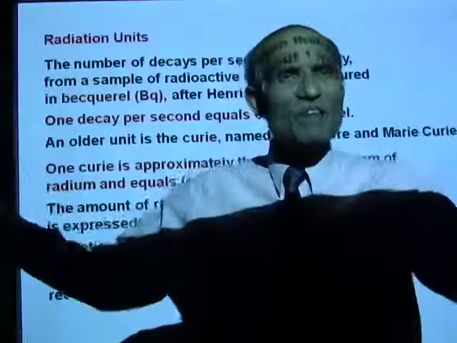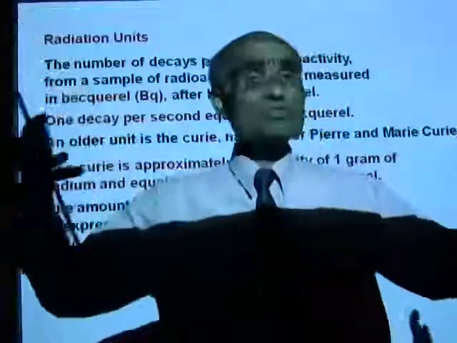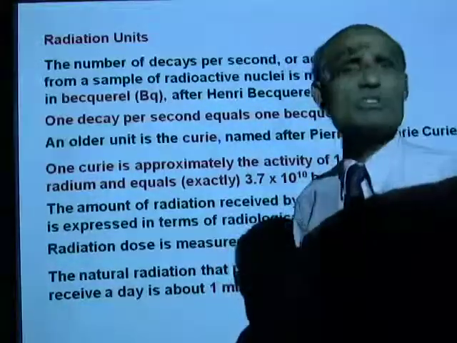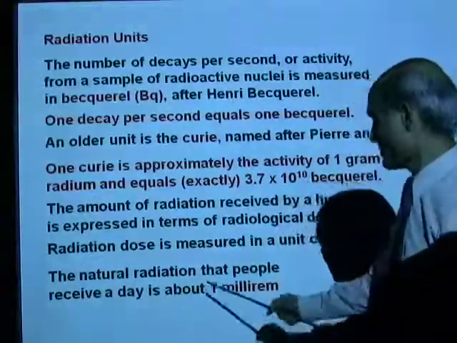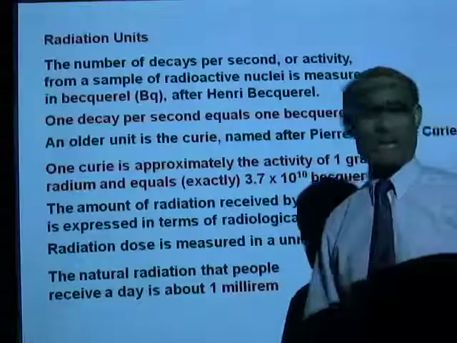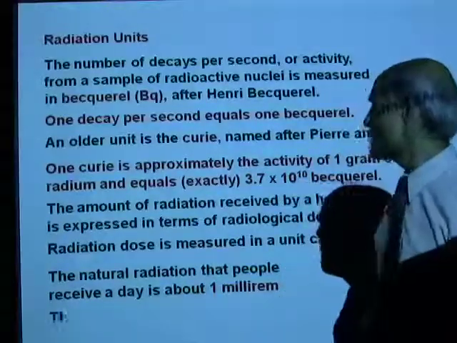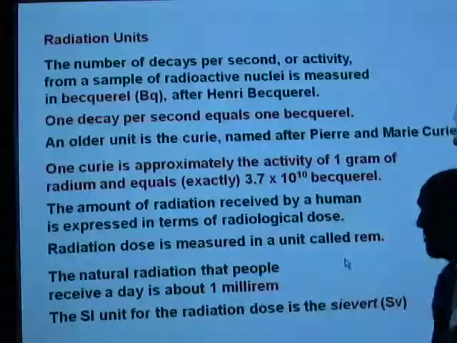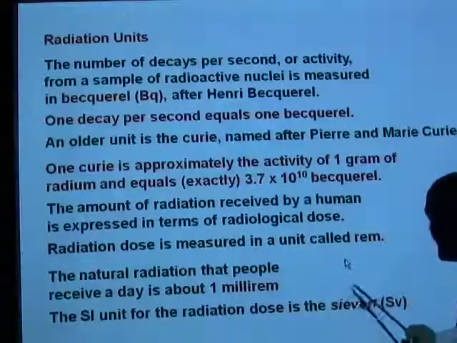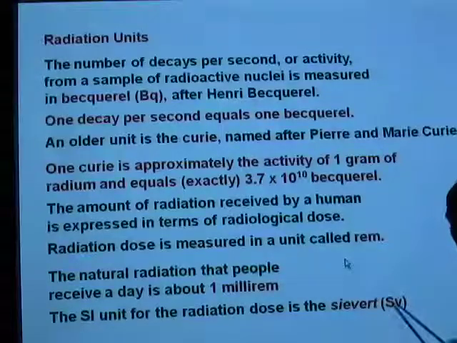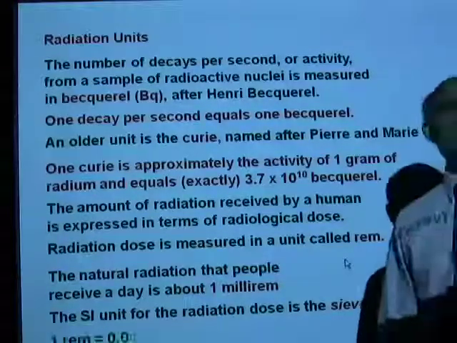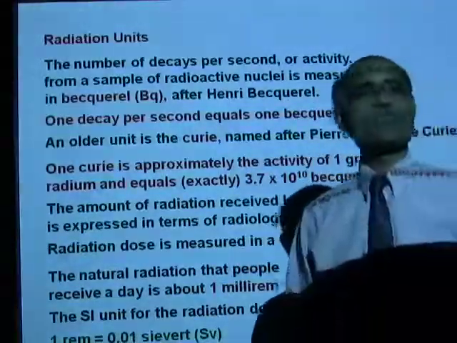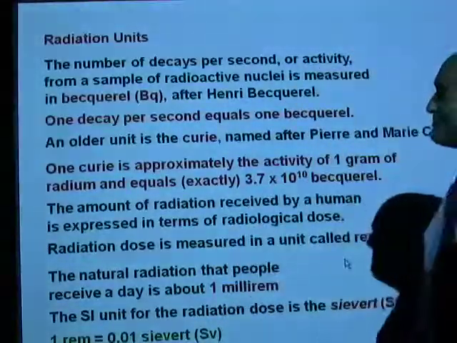Our background is filled with radiations. All kinds of sources will produce radiations, and most of it is not very harmful. We get ourselves subjected to 1 millirem of radiations a day. The SI unit for the radiation dose is actually the sievert, uppercase S, lowercase v, and 1 rem is 0.01 of a sievert.